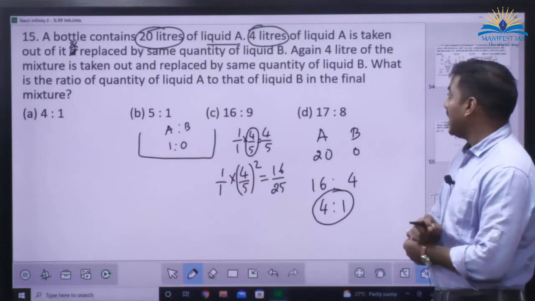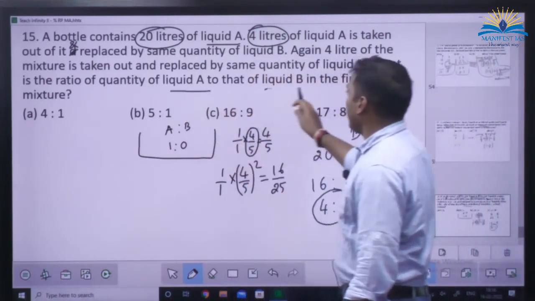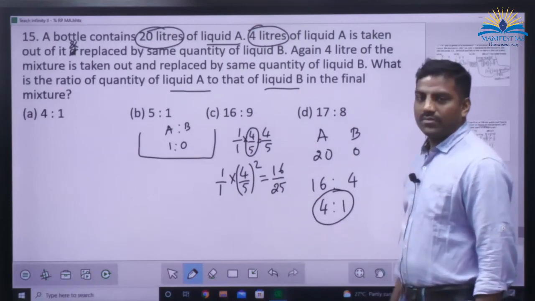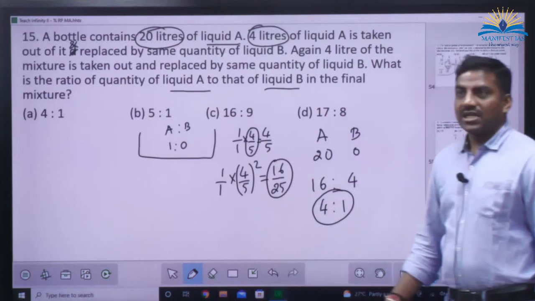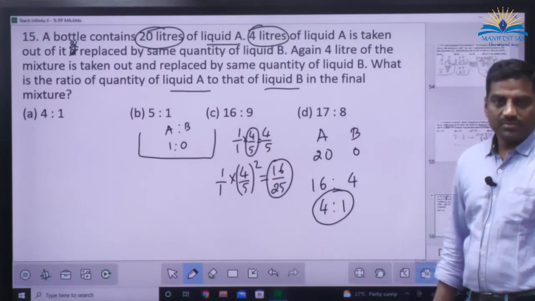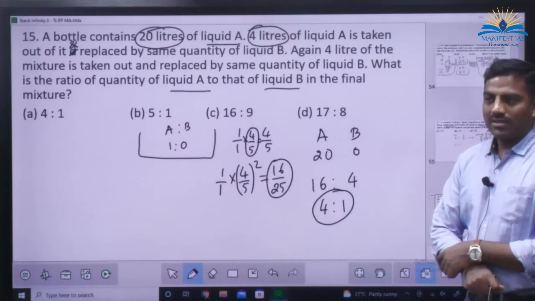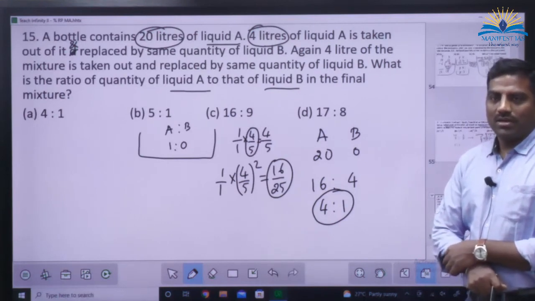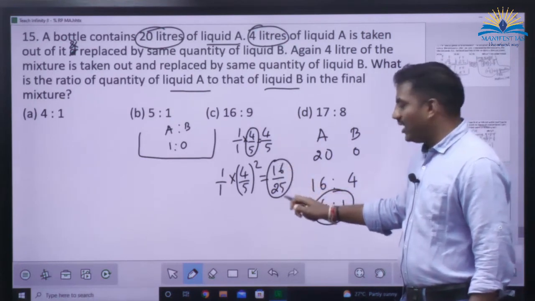And what they are asking, what is the ratio of quantity of liquid A to liquid B? 16 by 25 is the concentration of A in the mixture. So what is the part of B? 9. 16 is A out of 25.